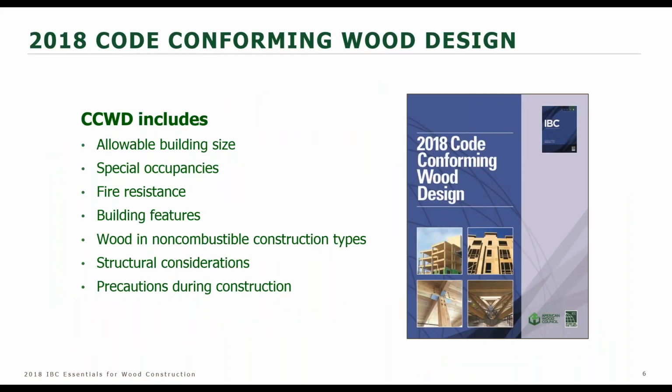This presentation is based on this document called the 2018 Code Conforming Wood Design Document. It's available for download for free from our website, awc.org. It's co-published by the American Wood Council and the International Code Council, so you'll see their logo at the bottom. It's a broad brush index, you could say, to the International Building Code.